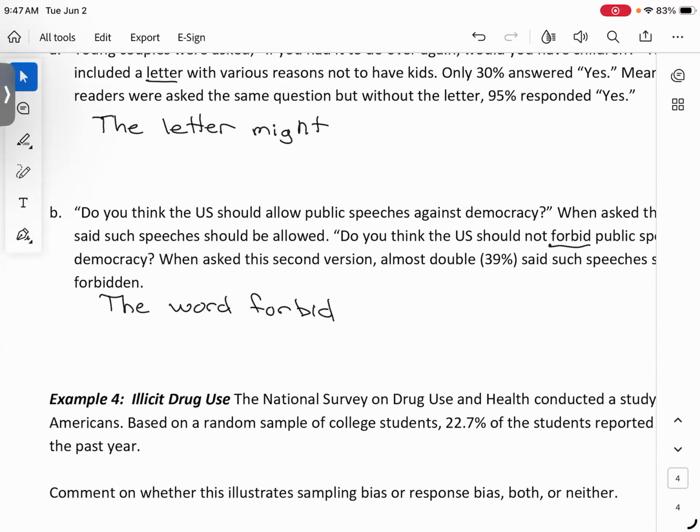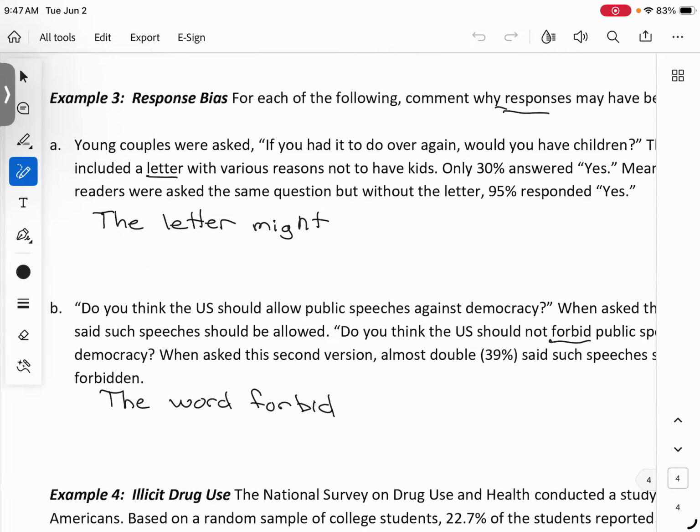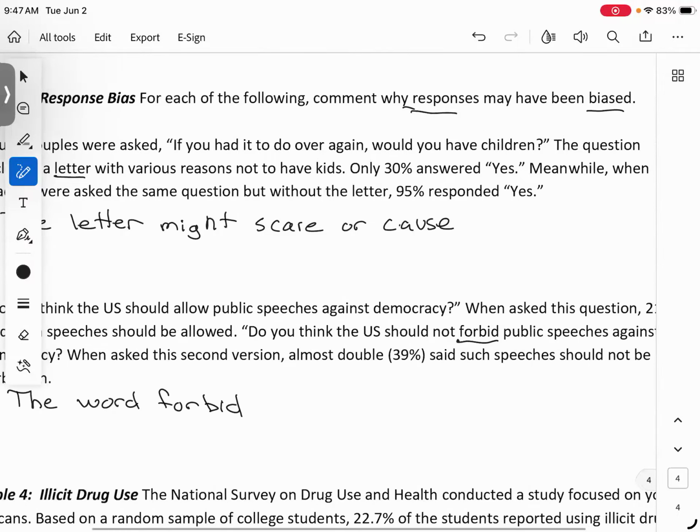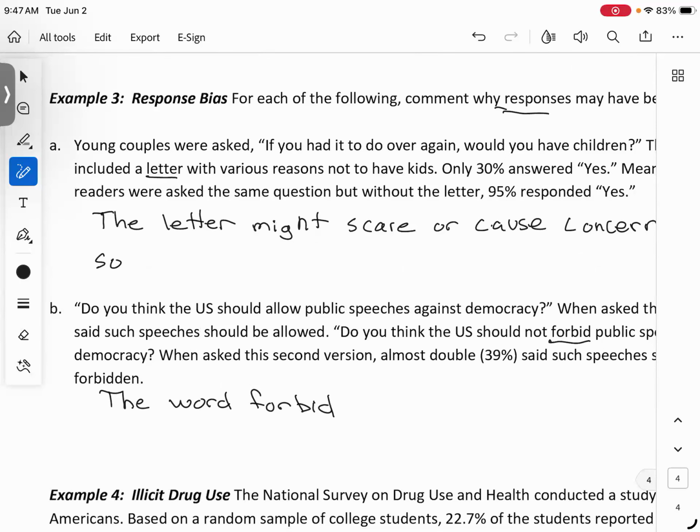The letter, and again, use your own words. The letter might scare or concern or cause concern.